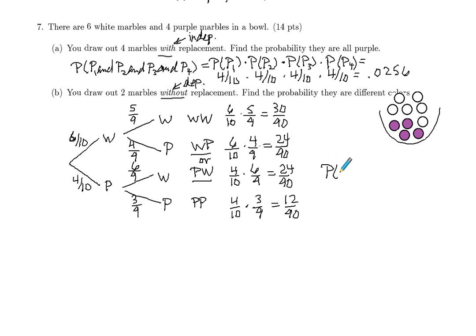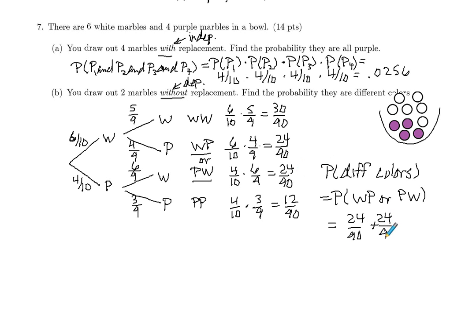So probability of different colors is equal to the probability of getting white purple or purple white, which is going to be 24 out of 90 plus 24 out of 90. So 48 out of 90. And you could reduce this if you wanted to, but it's okay. You could even write it as a decimal if you want to.